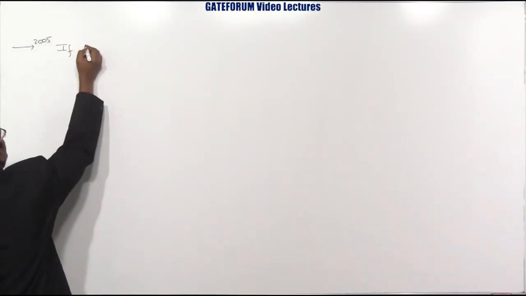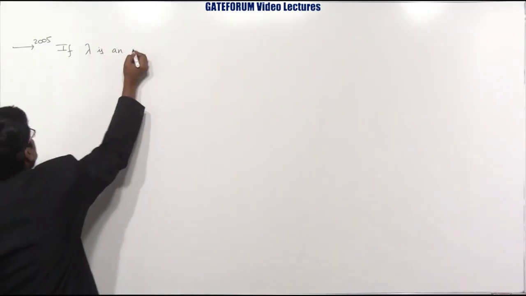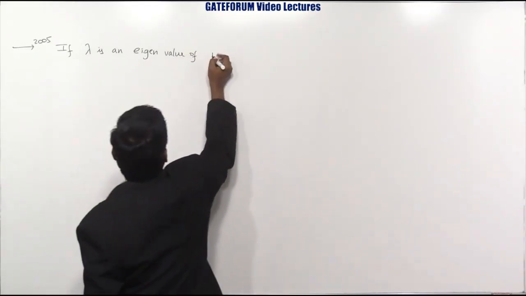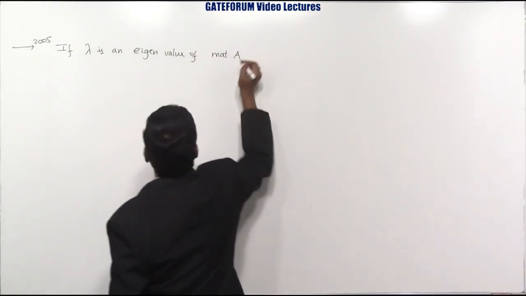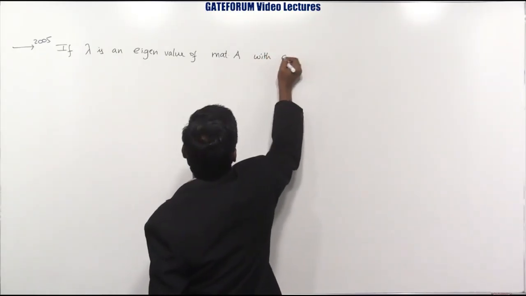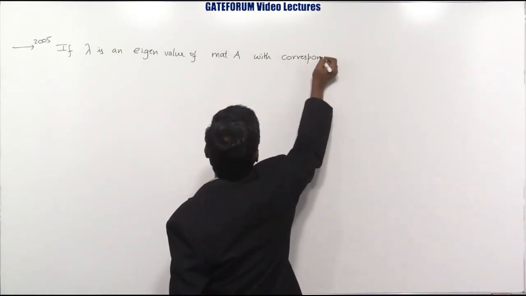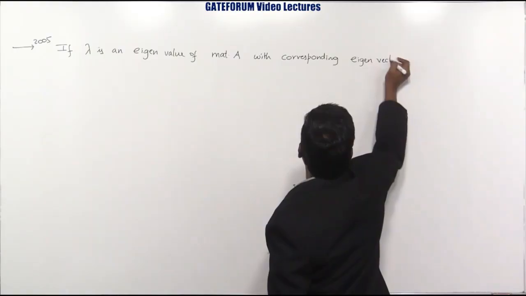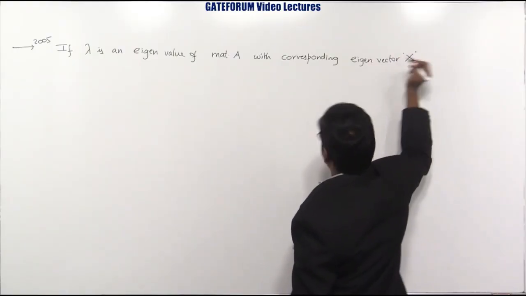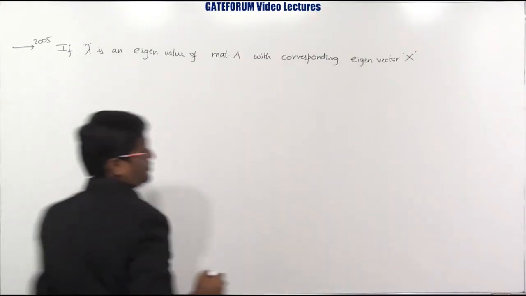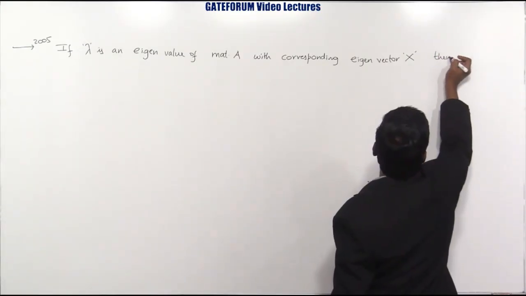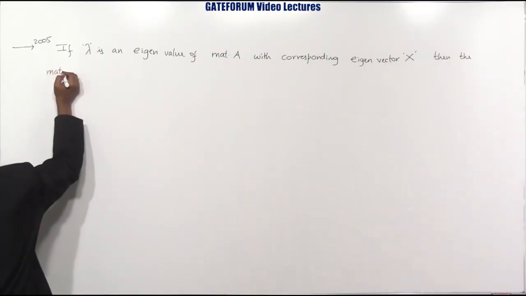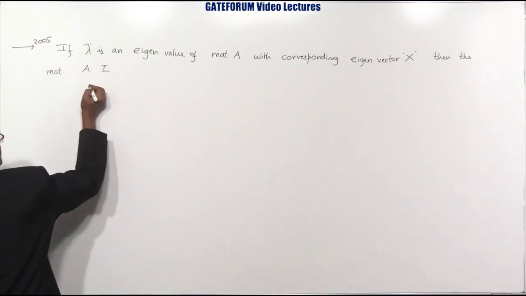If lambda is an eigenvalue of matrix A with corresponding eigenvector x, then the matrix A plus I, where I is the corresponding identity matrix.